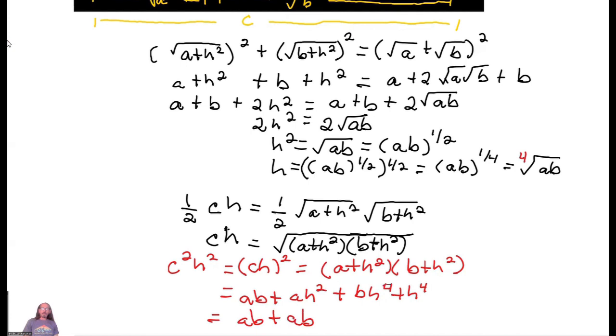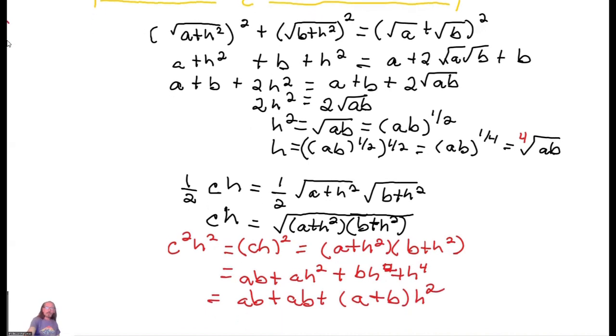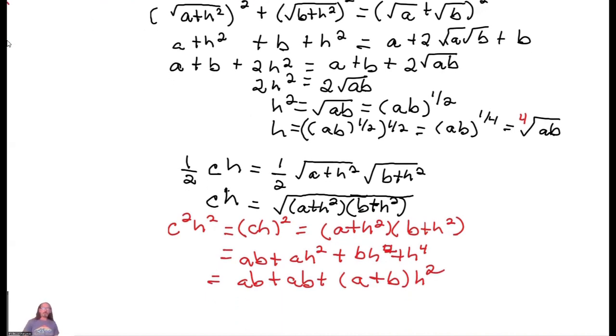And another mistake here, that's a 2. So let's factor out an h squared on that part. So we have c squared h squared is equal to 2ab plus a plus b, that quantity, times h squared.